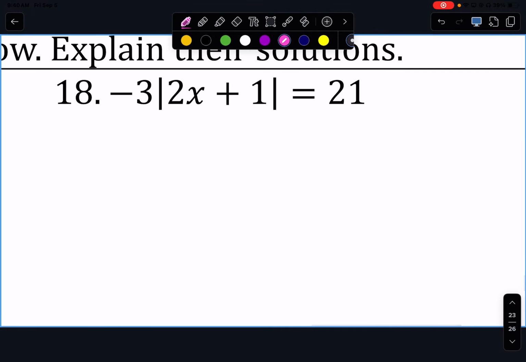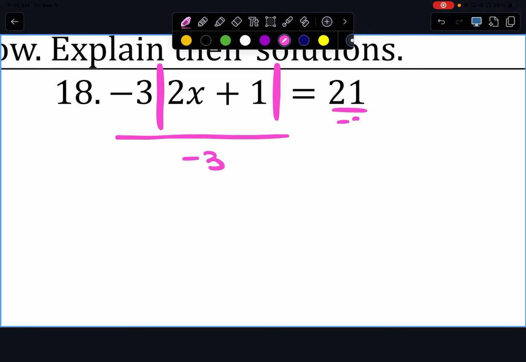So for 18, we have negative 3 times the absolute value of 2x plus 1 equals 21. What can I do from here? Yep. Divide both sides by negative 3. And we get the absolute value of 2x plus 1 equals, what is 21 divided by negative 3?